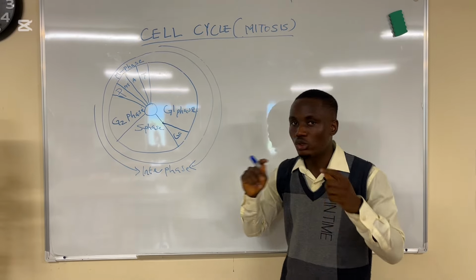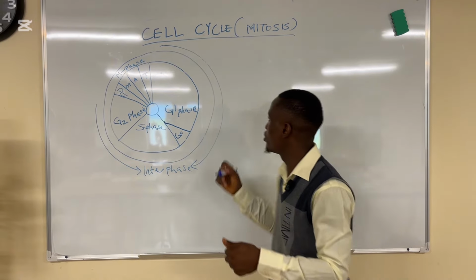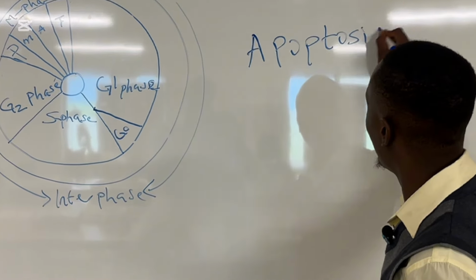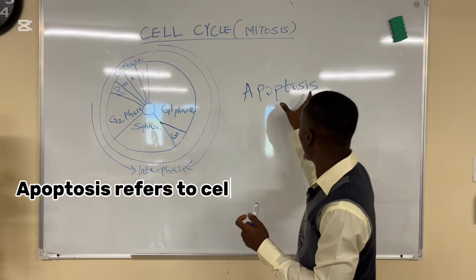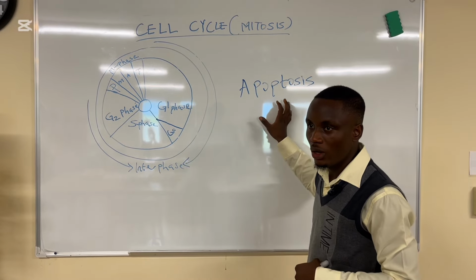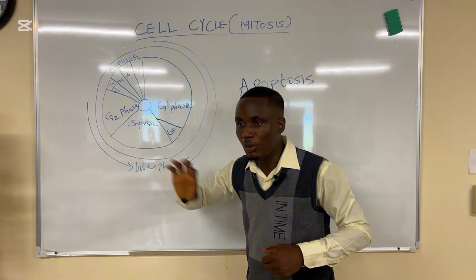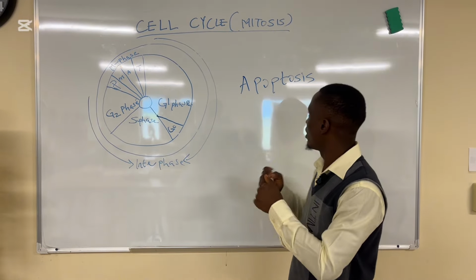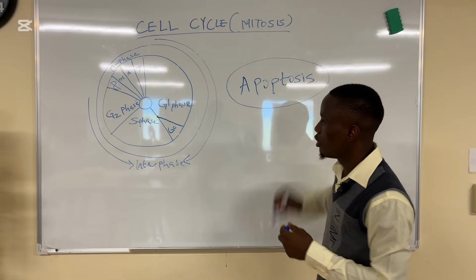What will happen is that such a cell will die off. That's what we call apoptosis. So such a cell will die off, which means the cell is not useful anymore. And to prevent any kind of problem for the body, the best thing to do is to kill that particular cell. That's what apoptosis does.